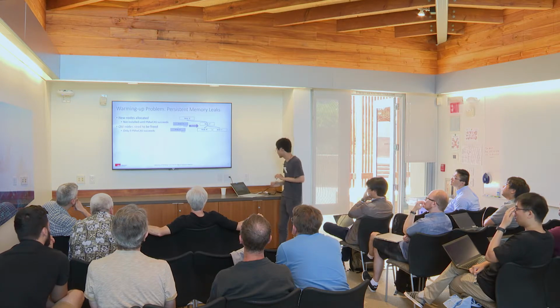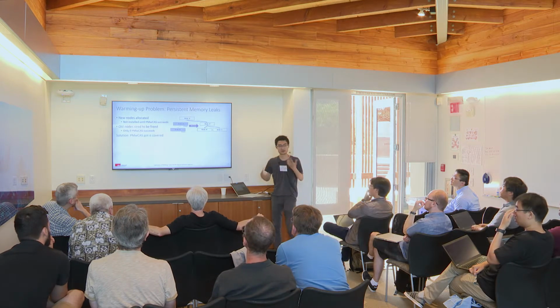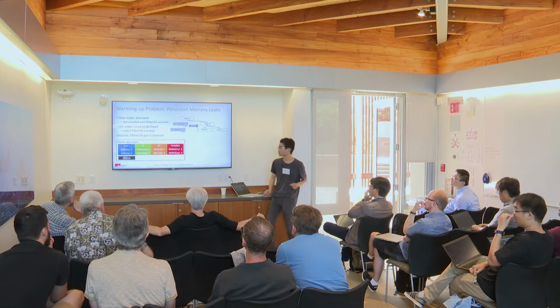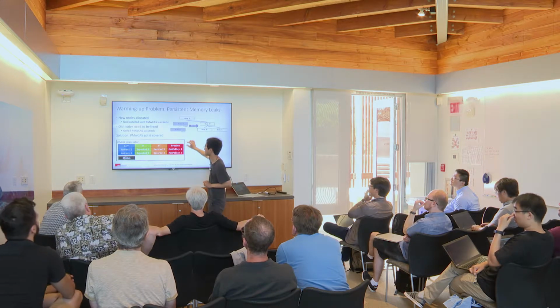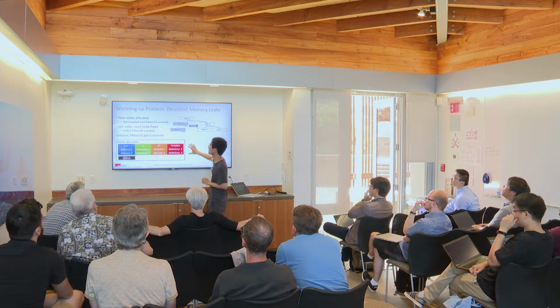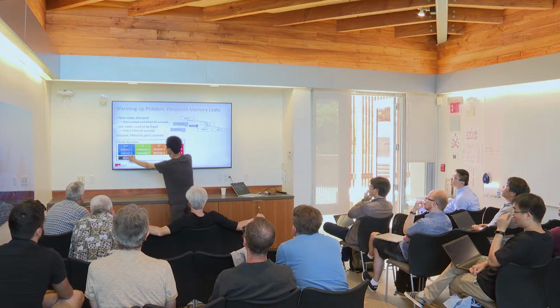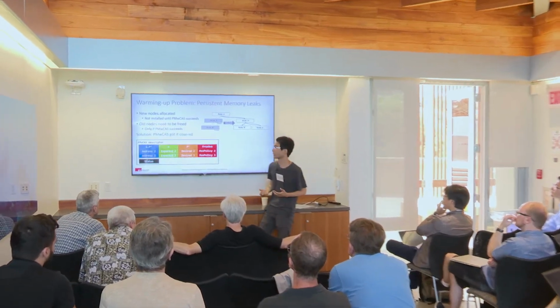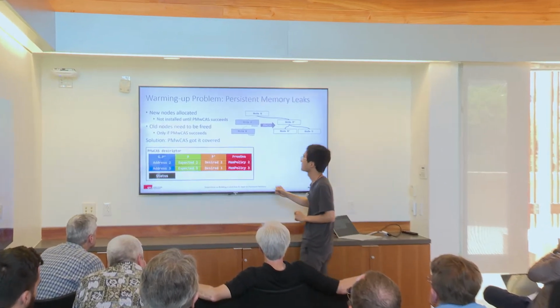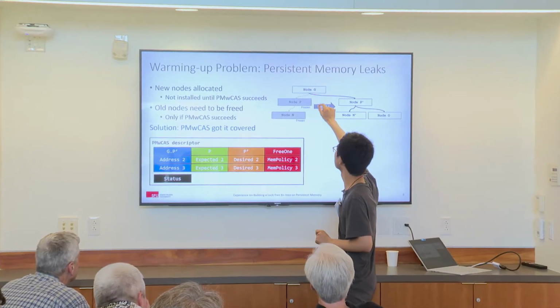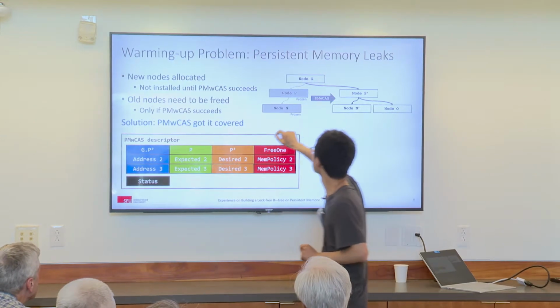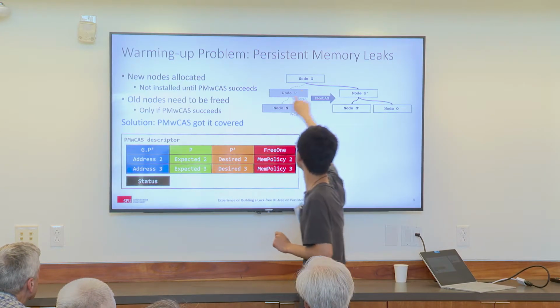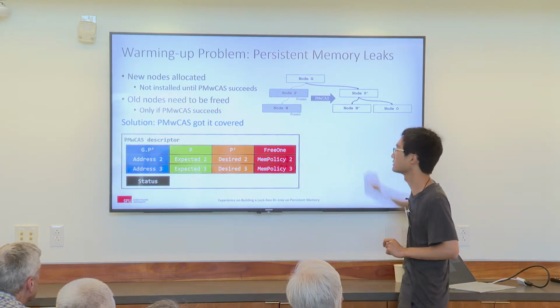Okay. So we have this facility called memory policy for each of these words here. Essentially in the descriptor, this part is what we already talked about, right? And we have this new part which is specifying the memory policy. For instance, if we're looking at the first grandparent node, we're trying to change it from pointing to this P node to this P prime node, right?